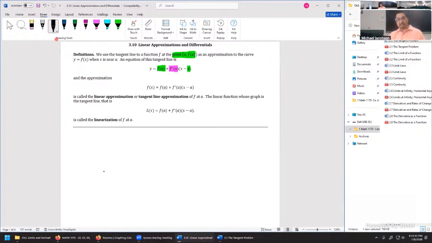The reason it looks so weird is, usually when we do this kind of problem, we said if y equals f of x, and we want the tangent line at a, f of a, here's what the process looked like.